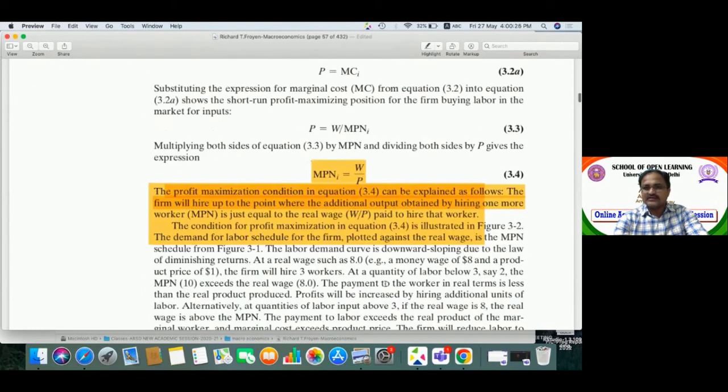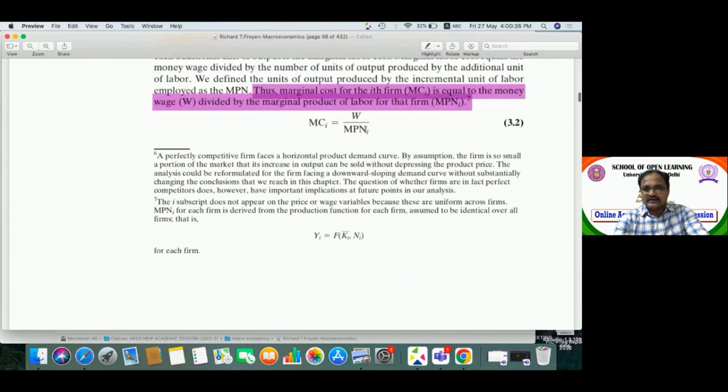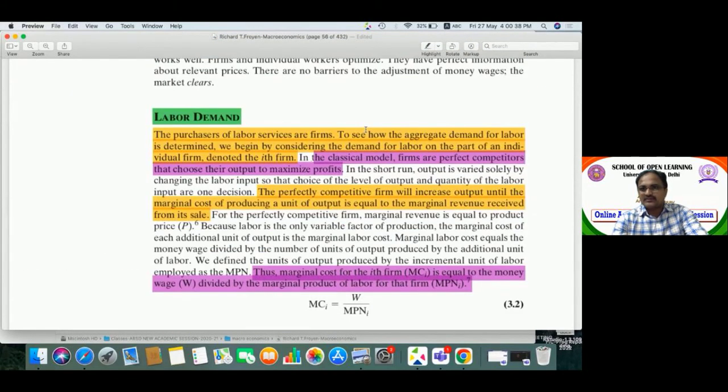How can you denote the wage rate? This is the wage rate, W by P. Why is W by P the wage rate? Because in the initial stage, firms are in a perfectly competitive market. What is the perfectly competitive market we studied in microeconomics? Large numbers of buyers and sellers who produce homogeneous products.